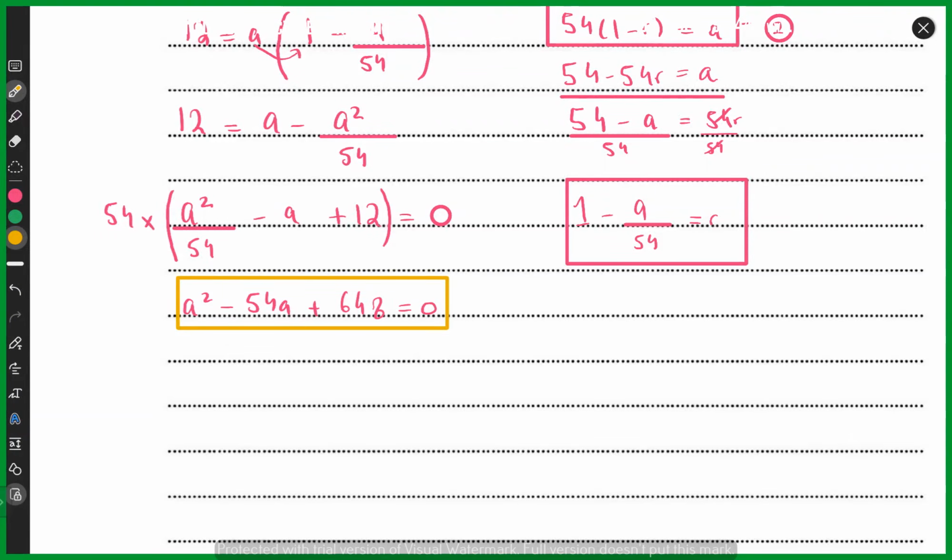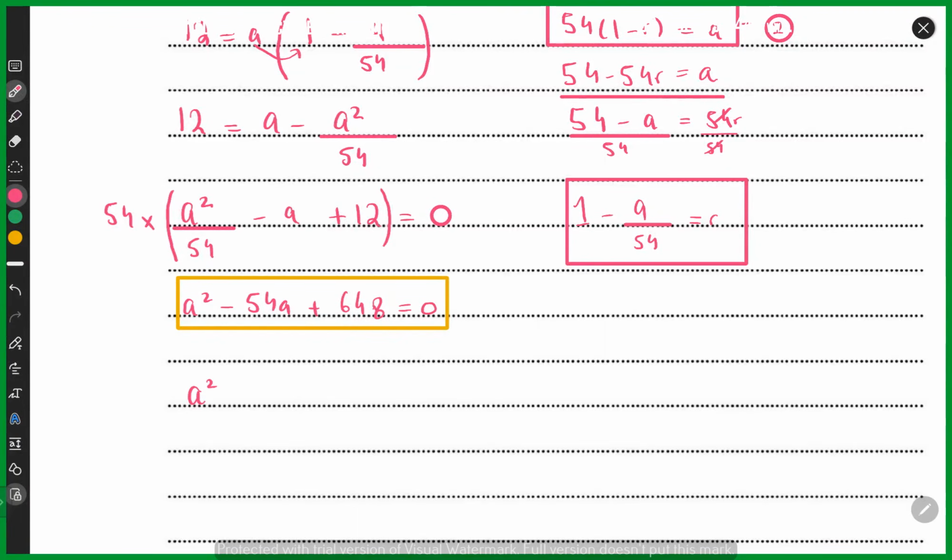So we are basically going to try doing it through factorization because I find that comparatively better. So it's A squared. Now I need two numbers such that when I add them, I get -54, and when I multiply them, I get 648.